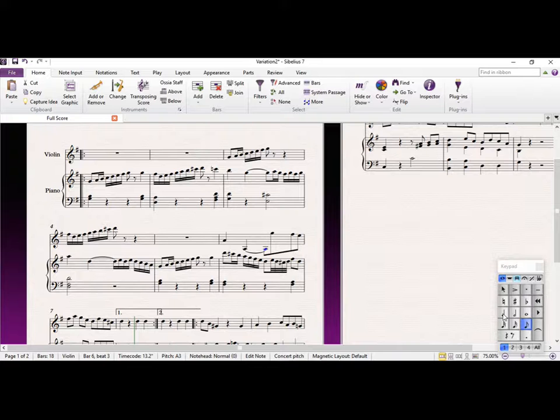An A is always a good bet here. And then we can just follow this little turn here, just in 6ths. Okay, I think that's okay.